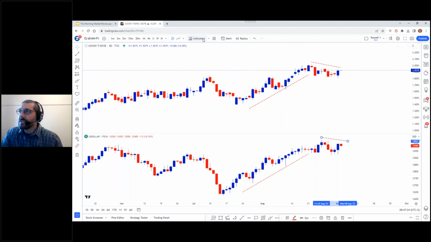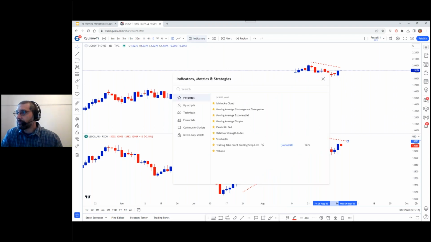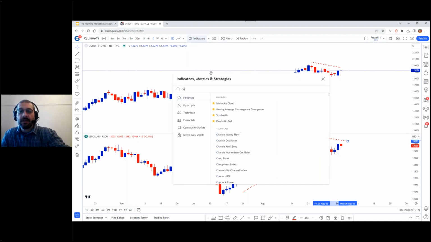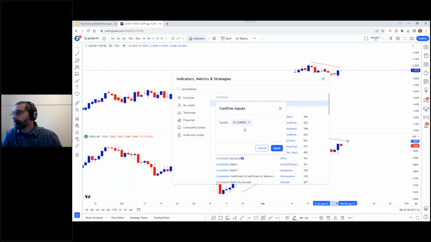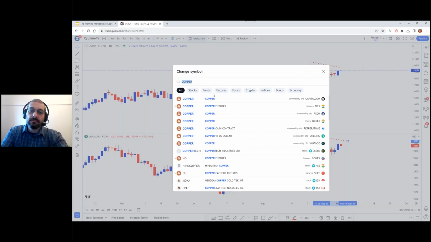Let's put in the correlation coefficient just to see how strong that correlation is. So you go through the indicators, type in correlation coefficient, and put in US dollar.